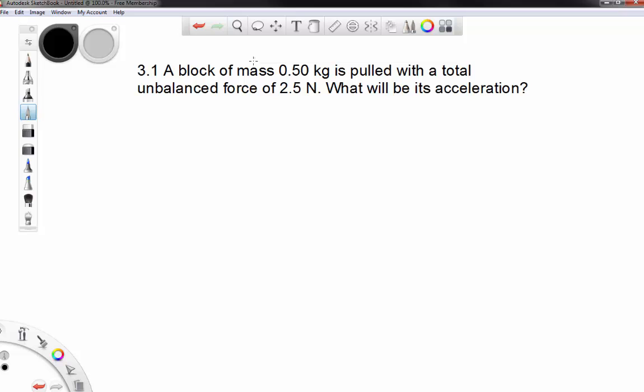Alright, so we're basically using the mass of the block, m, and the unbalanced force, F, to find the acceleration, a. So a is equal to F over m, so that's 2.5 newtons per 0.50 kilograms.